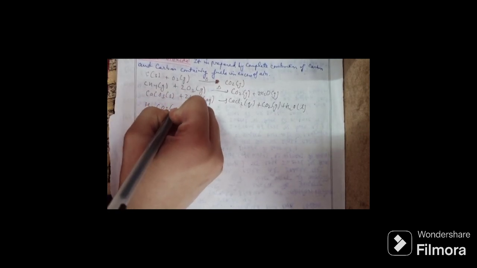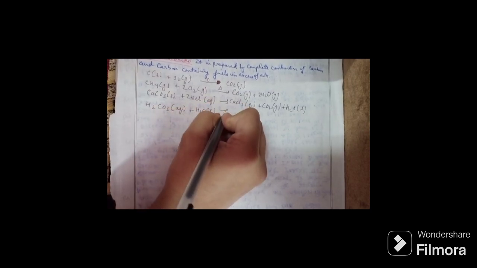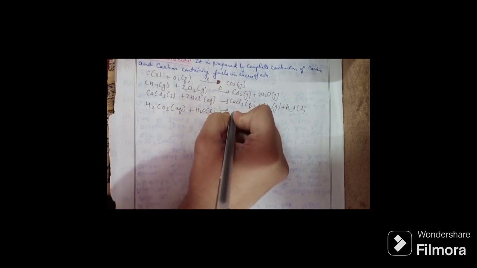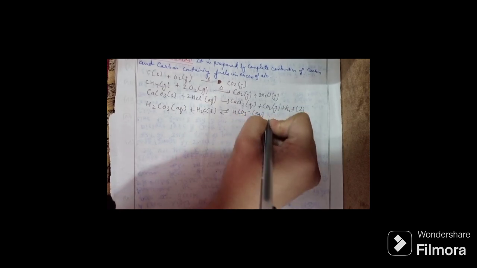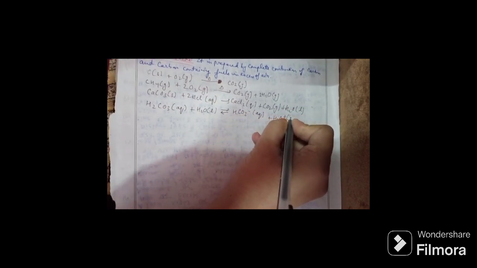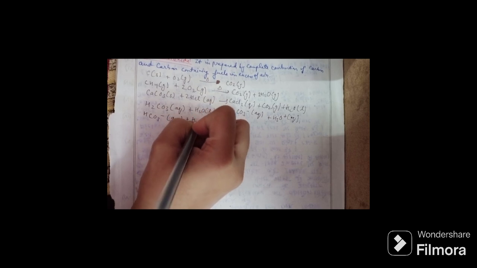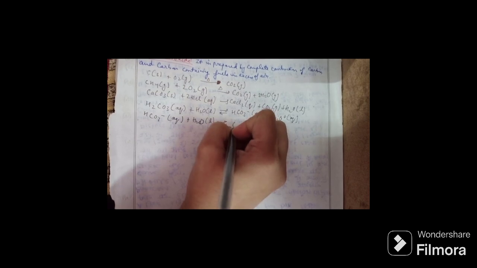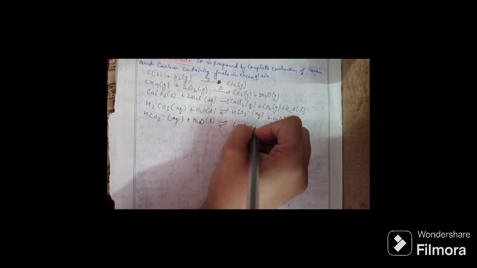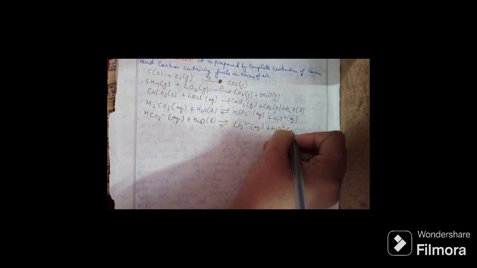H2CO3 aqueous plus H2O liquid will give HCO3 minus aqueous plus H3O plus aqueous, and HCO3 minus aqueous plus H2O liquid gives CO3 2 minus aqueous plus H3O plus aqueous.